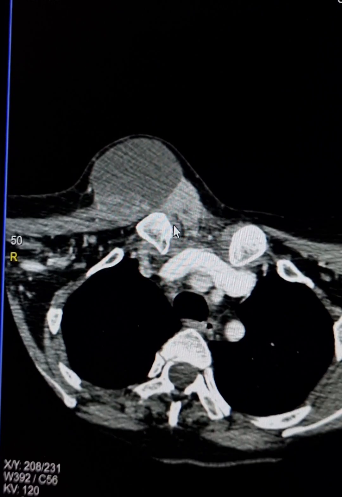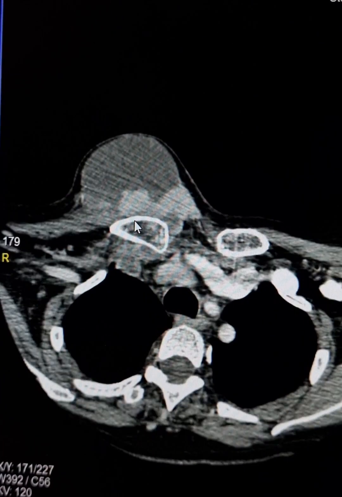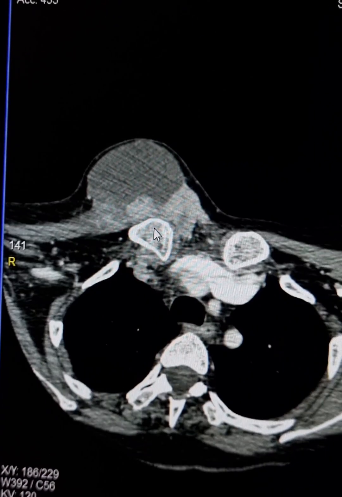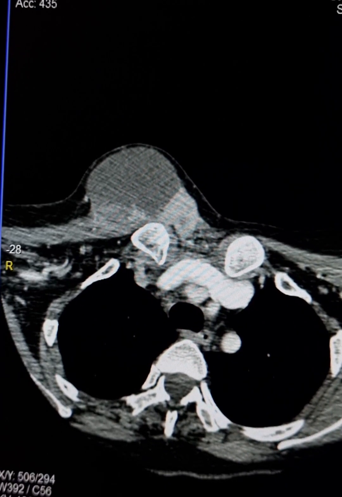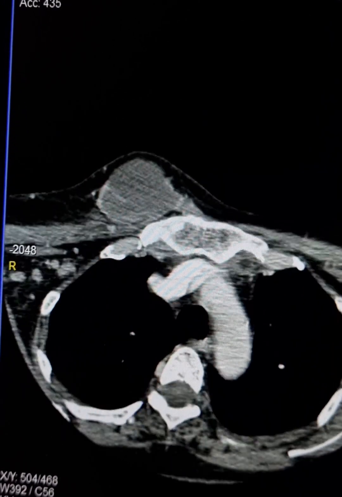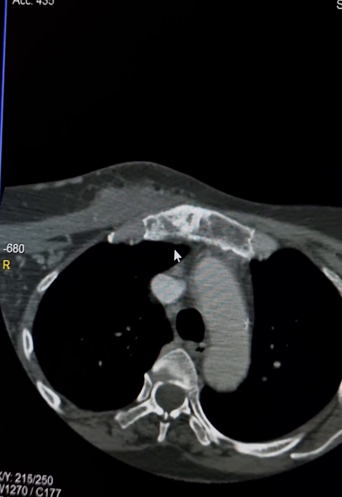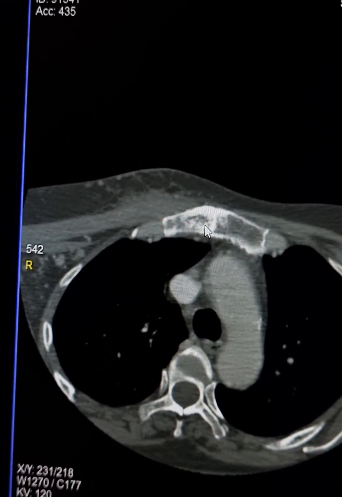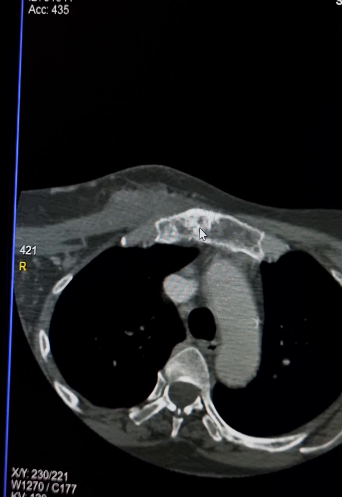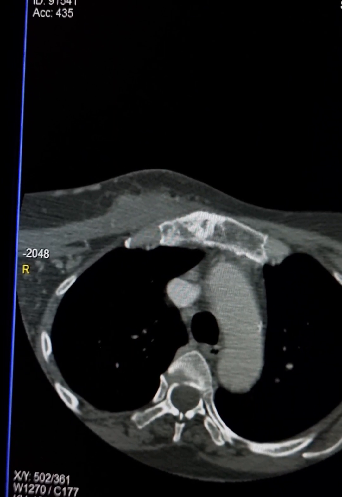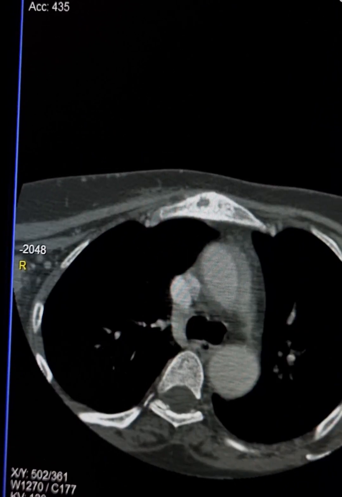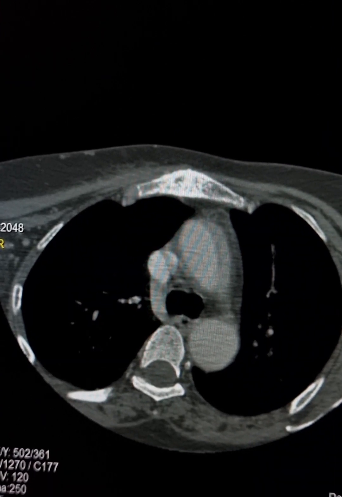Apparently there is no erosion of the clavicle or the first costal cartilage. But if you change the window, these are the sclerotic metastases here in the manubrium sterni. In fact, the chest of this patient has also been scanned.